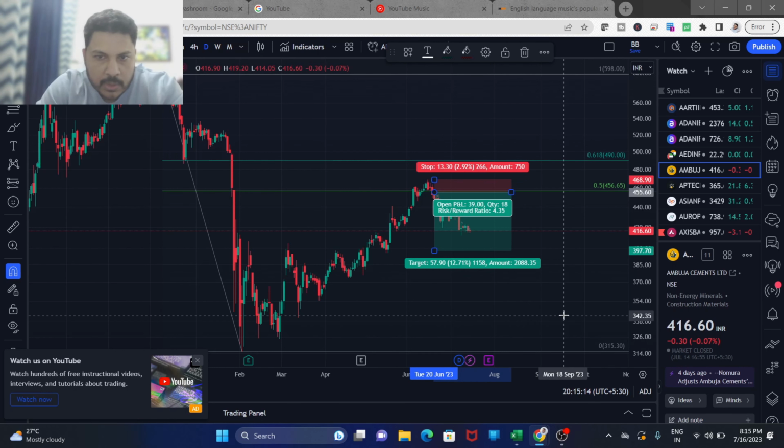It can go up, down, but how much to lose is completely in your hand, and you have to ensure that you're losing whatever is defined in your rule book, that I will lose only 5,000 per trade. Then that is what you need to lose. So losing and winning is a part of this particular market business. So you need to take it like that. And whenever there will be balls which you can play duck, you can take singles, but there will be balls where you can hit sixes. So that's how you have to ensure that you have a positive score.